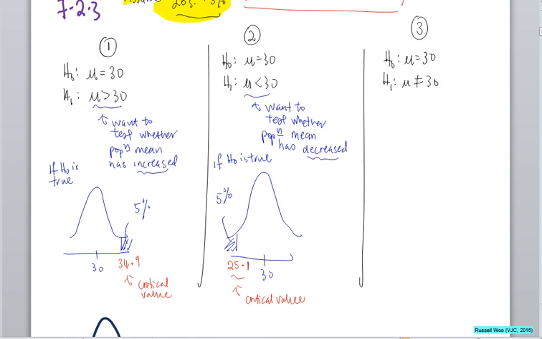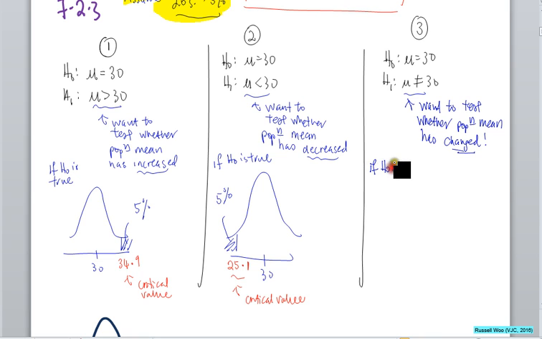My objective is to test whether the population mean has changed. That means I don't care whether it's increased or decreased. I want to check whether it's changed. Okay, so now we do this.